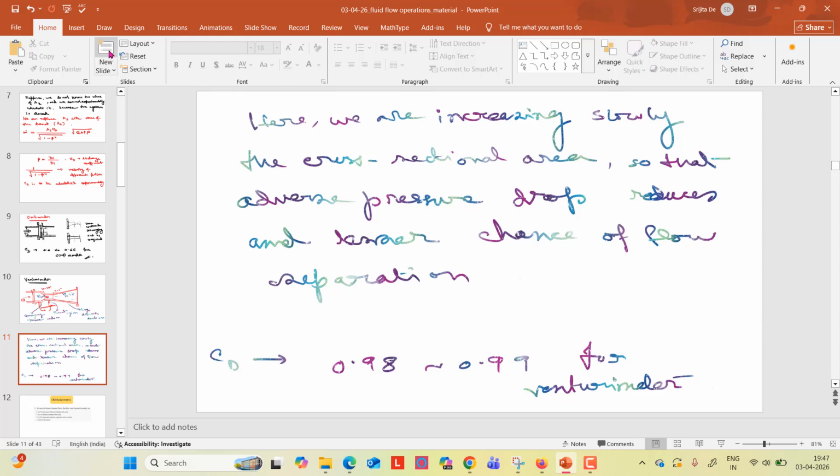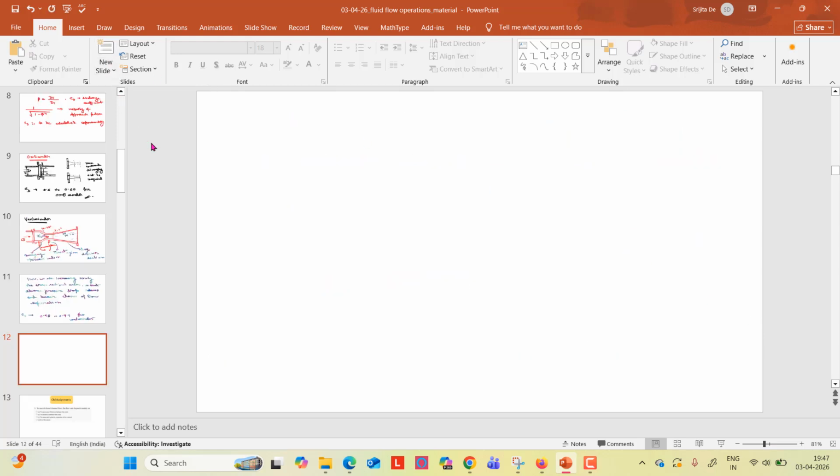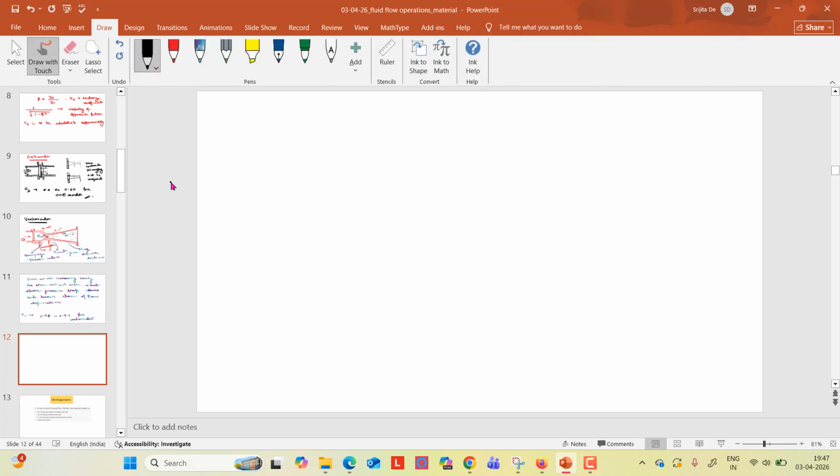Now suppose this venturimeter is at an angle like this.